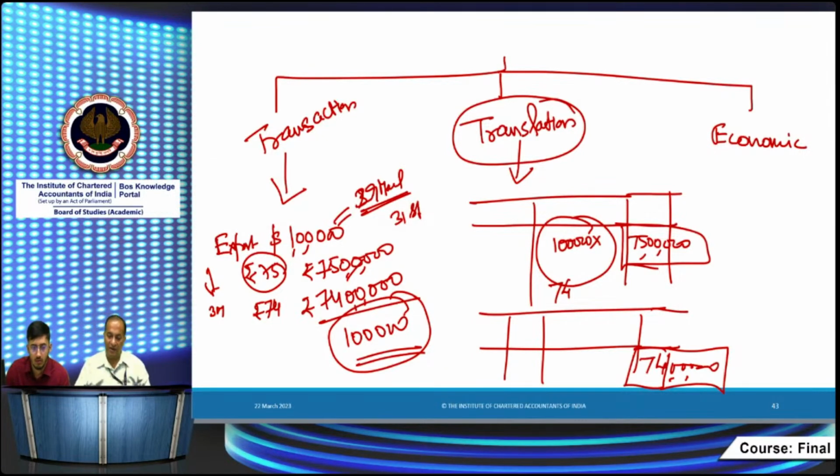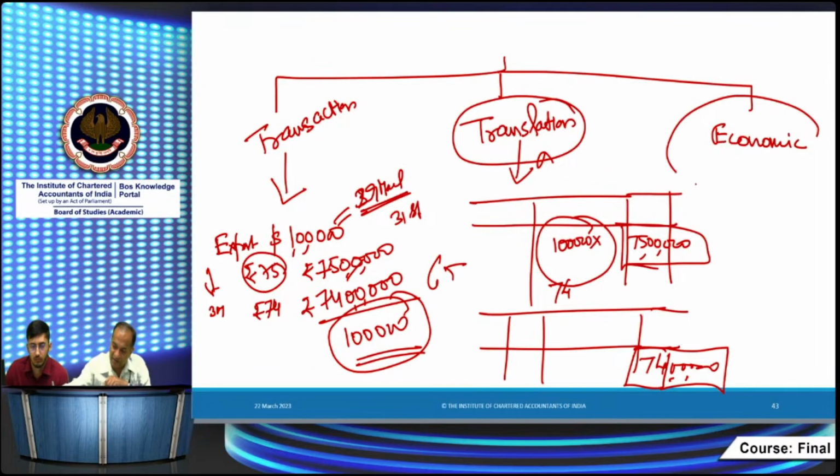One time the rate was 65, so 65 lakh was there, but today the rate is 75, so the value is 75 lakh. Same dollars, same company, same shares, but the value is 75 lakh. So there is a gain. Normally this does not affect the fund flow or the cash of the company.